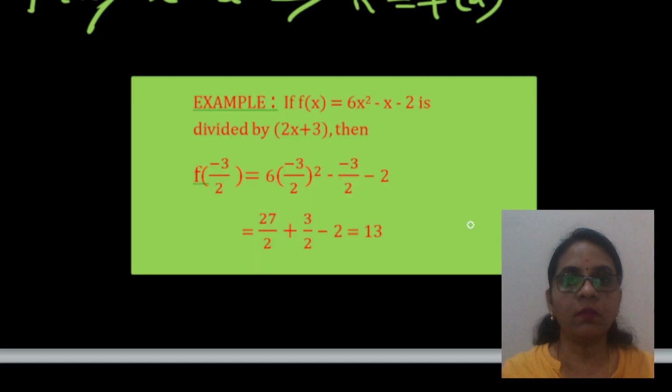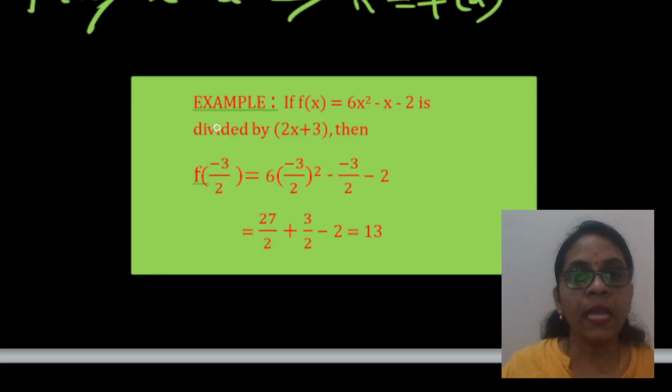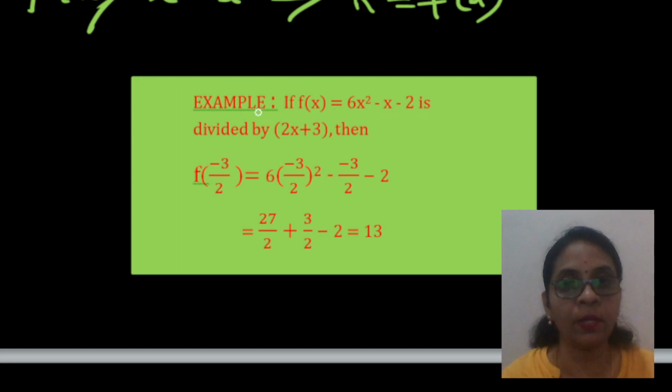Okay. Now, in this example, f of x is 6x square minus x minus 2, the same polynomial, divided by 2x plus 3. Here it is not x plus a, here it is not x minus a, but this is of the form 2x plus 3, which means it is of the form ax plus b.